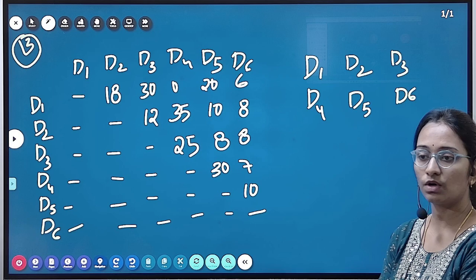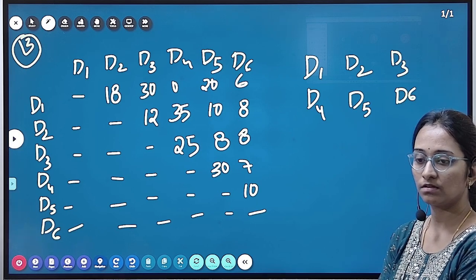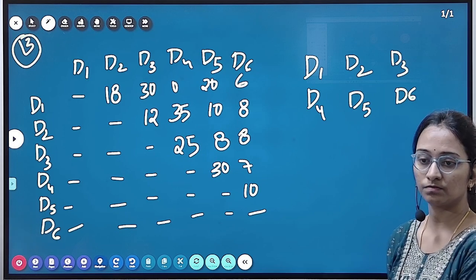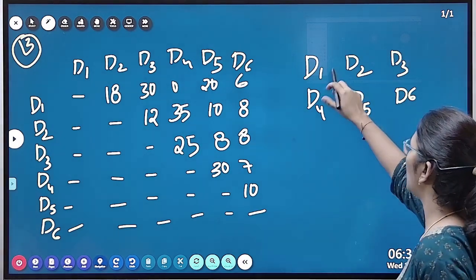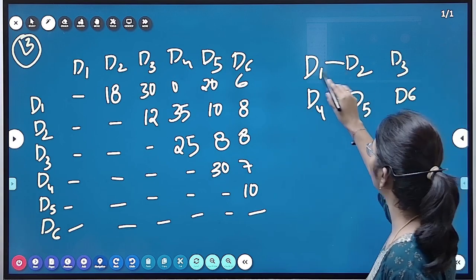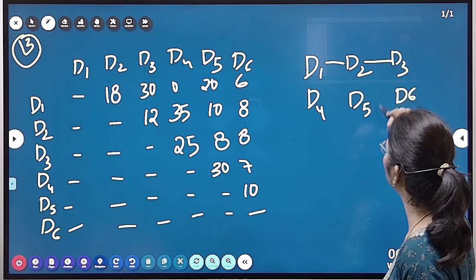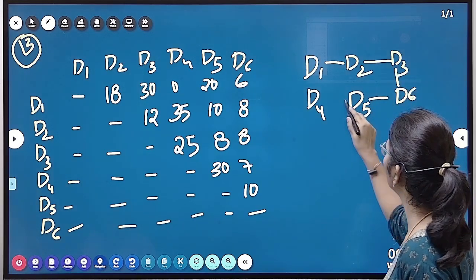What do adjacent and non-adjacent pairs mean? The pairs or departments which connect easily, like D1 and D2, D2 to D3, D3 to D6, D6 to D5, D5 to D4.